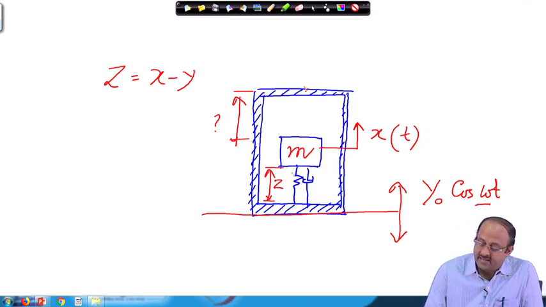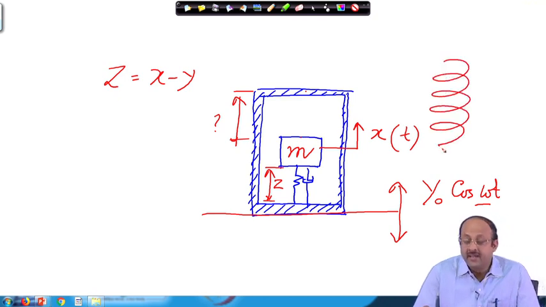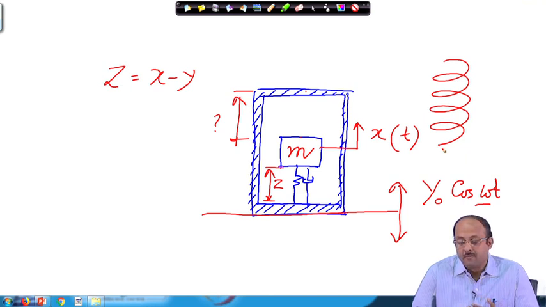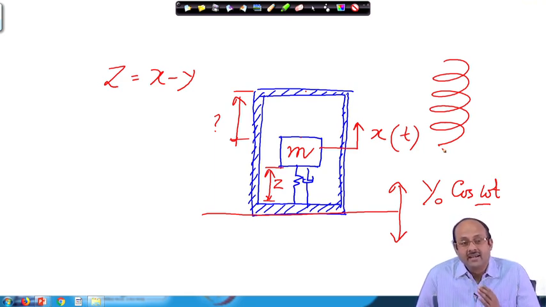Second part is that this spring is actually, let us consider this to be a helical spring. So, this spring now undergoes deformation, and this deformation is cyclic in nature. That means, it can have both compression and expansion.